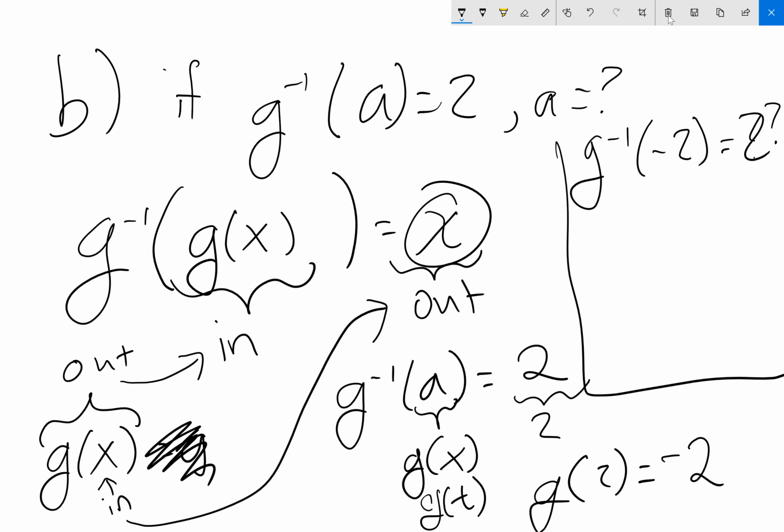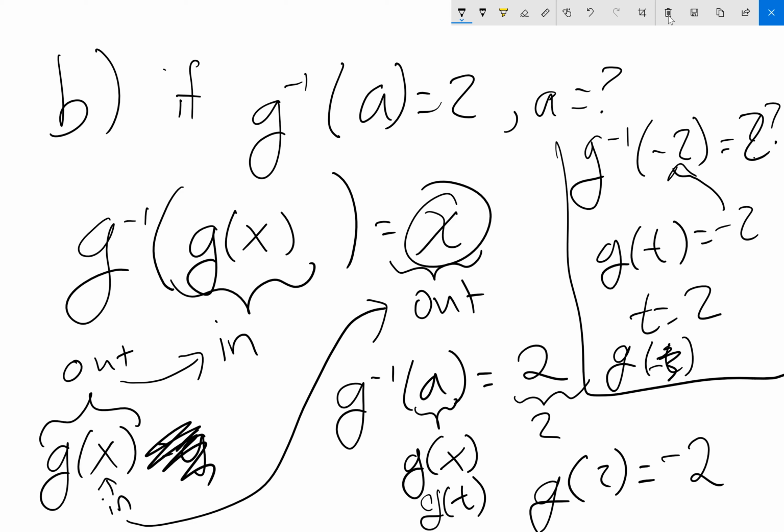When G of t equals -2, t is 2, because G of 2 equals -2. So hopefully that makes sense. G inverse of A is saying what output do we get for the G function when its input is 2, because it's switched, right?